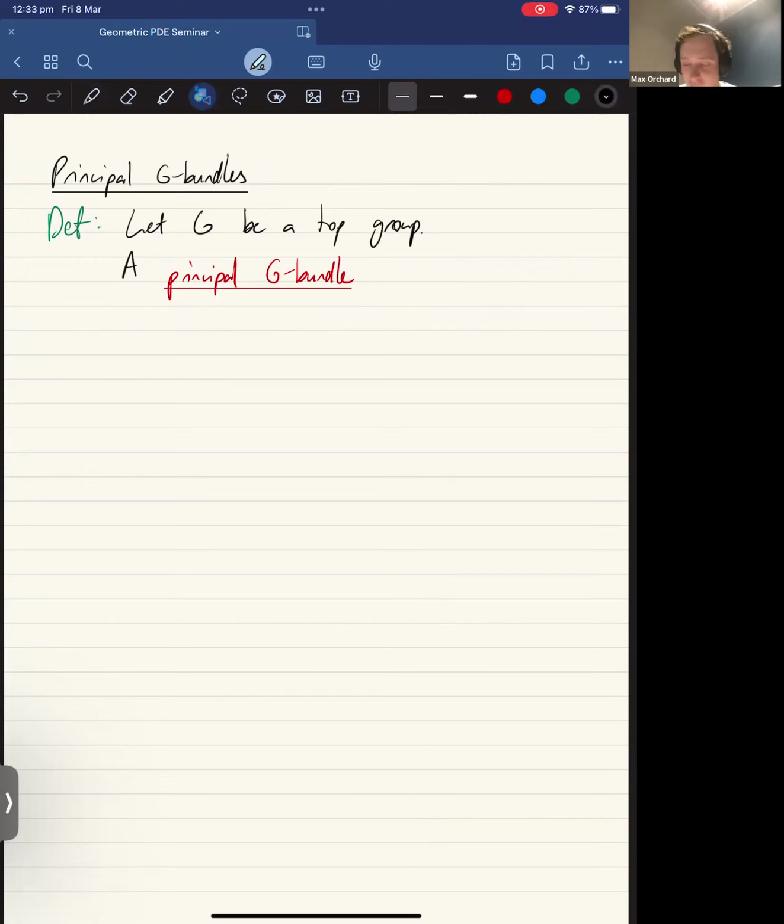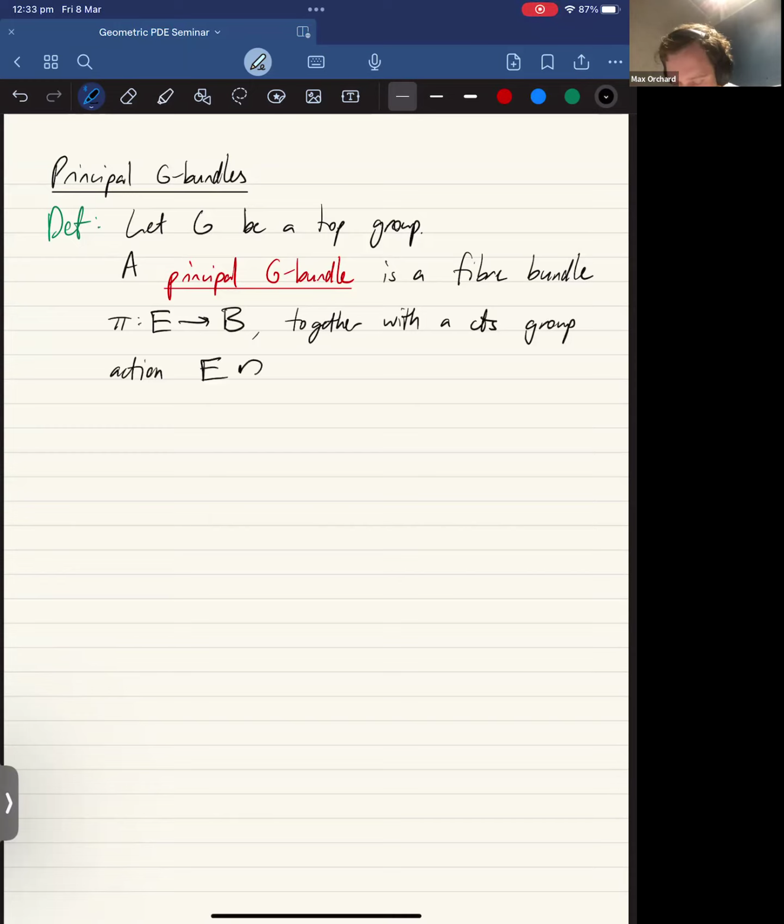So a principal G bundle is a fiber bundle, with projection pi from E to B, together with a continuous group action of G, such that, first, it preserves the fibers.